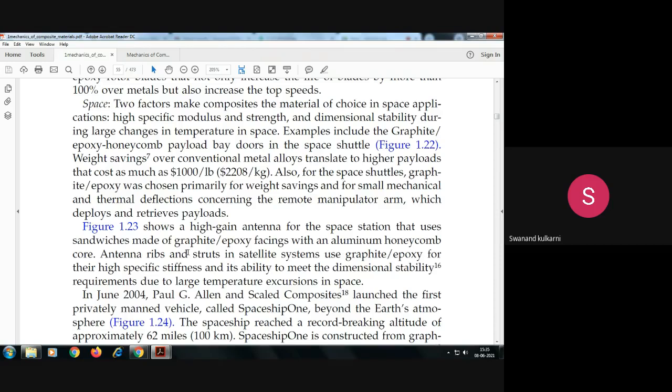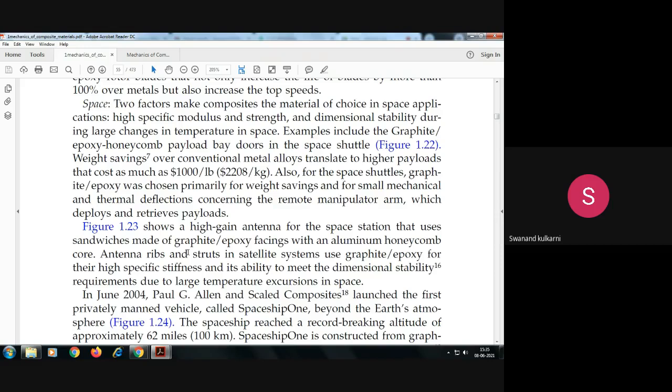So in the space shuttle, graphite epoxy is the primary weight saving material. So see how graphite epoxy has applications, because in aircraft also we have seen the many applications for graphite epoxy and glass epoxy, and in space also this graphite epoxy is useful. Is it okay?